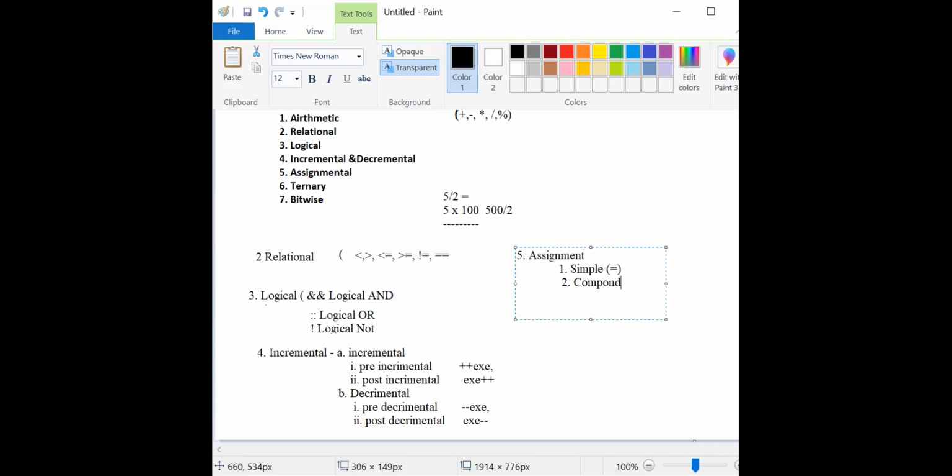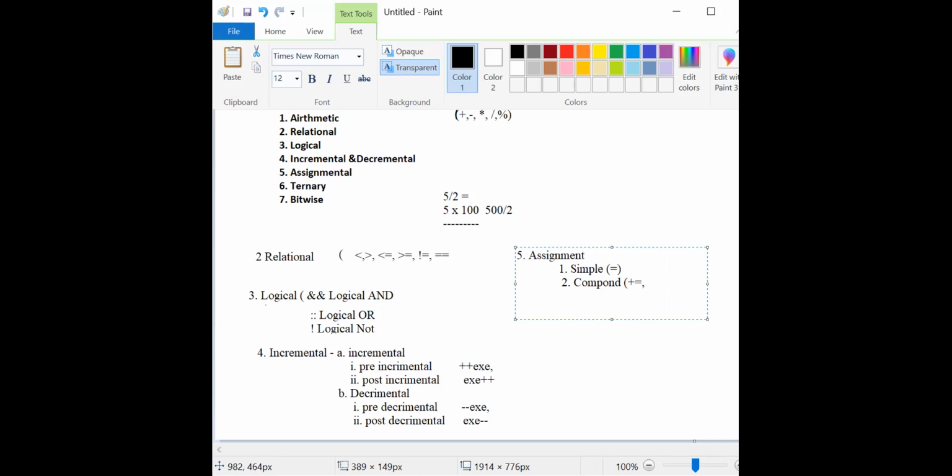And the second one is the compound operator. What is that? Plus equal to, this is one type of compound operator, the incremental equal to.